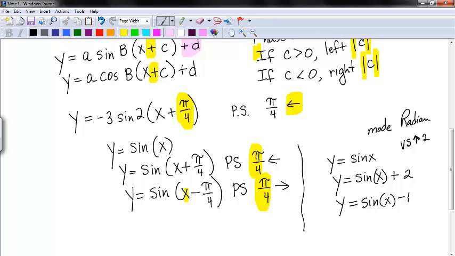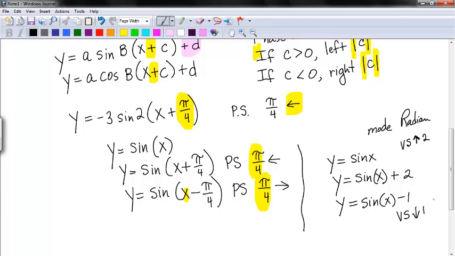Because what it's really doing, let's say take that whole graph, subtract 1. So if this y value is 0 and you subtract 1 from it, it should be down to negative 1. If this y value is 1 and you subtract 1, it's going to be down to 0. So this one will do a vertical shift down 1.